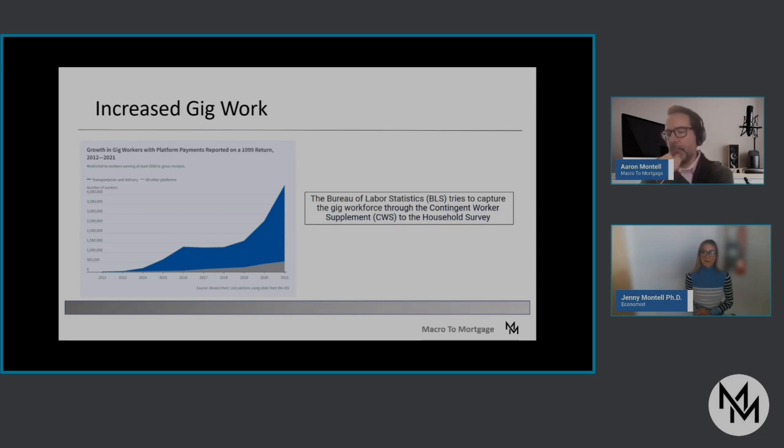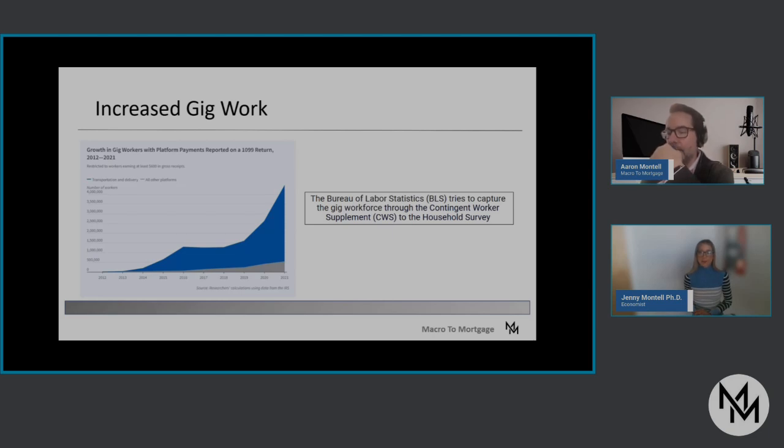And Aaron, you pulled up this figure from the National Bureau of Economic Research showing the growth in gig workers recently. And wow, what a jump we saw right during the pandemic, which is no surprise to anyone listening, I'm sure. And the BLS does try to capture the gig workforce through the contingent worker supplement in the household survey.